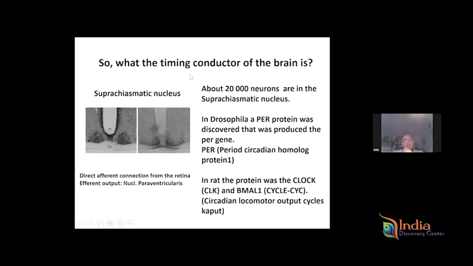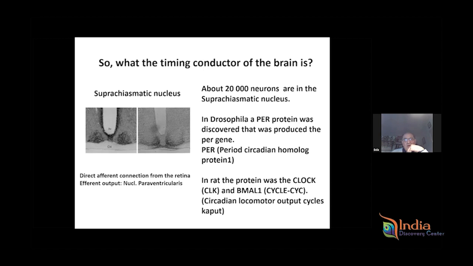It turned out during very intense research that the brain has some time conductor, which is the suprachiasmatic nucleus. It has the function to synchronize the neuronal function, electrical function, in the entire brain.